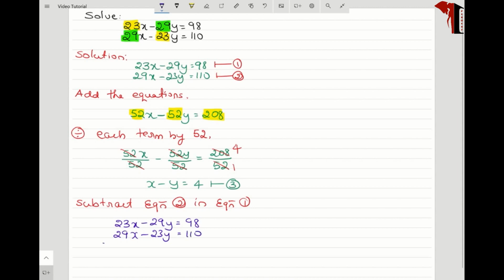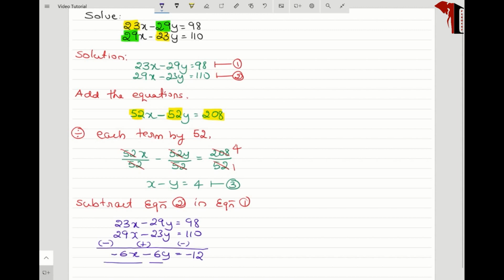Usually when you are subtracting, the sign of each term changes. So when you change the sign, what is left? 23 minus 29 will give you minus 6x, whereas minus 29 plus 23 will give you minus 6y, and here 98 minus 110 will give you minus 12.